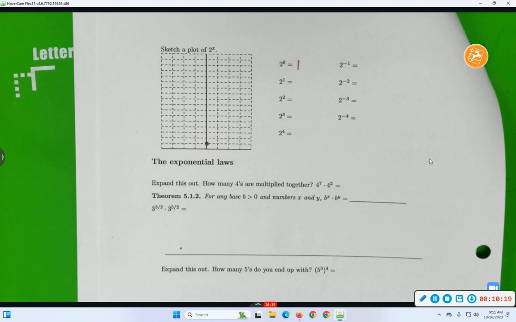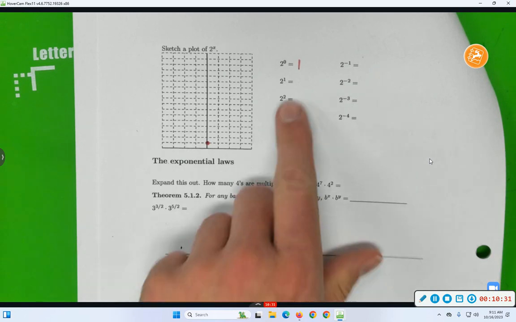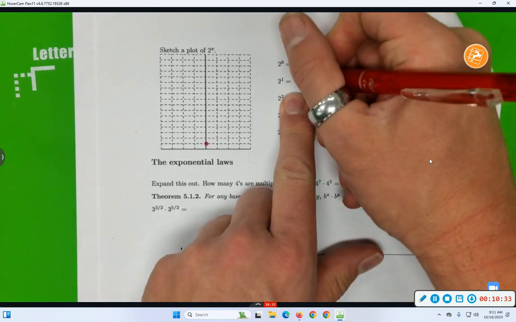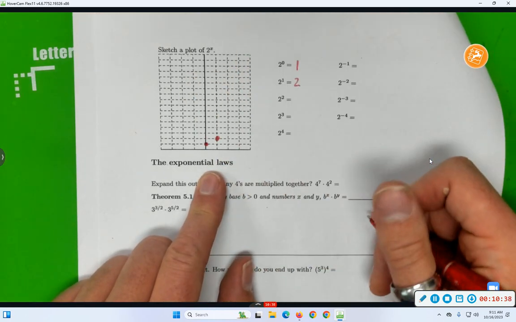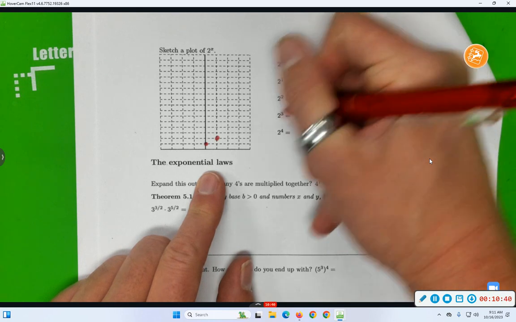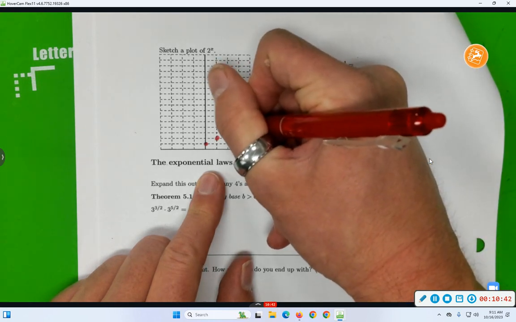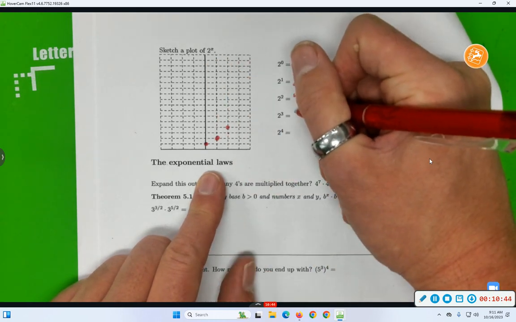And maybe how low down that is on the graph gives you an idea of how big these numbers are going to get. So let's start going to the left and to the right and see how things grow and shrink. Positive power is positive. What's 2 to the 1? 2. So I better highlight 1, 2. 2 to the 2. 2 to the 3.